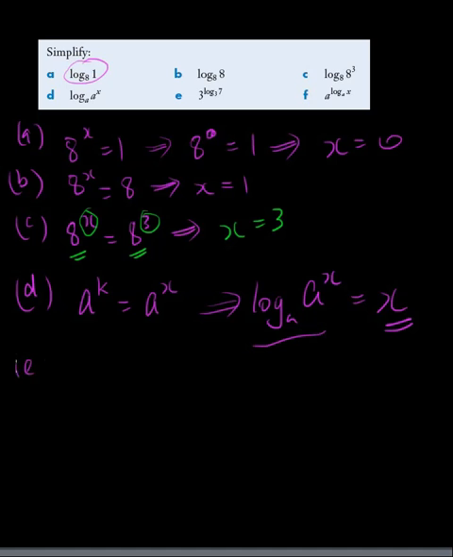Let's do E. E is 3 to the power of log base 3 of 7. Now remember, this whole log here is a power, right? And this power will give you the answer 7. So 3, remember this is base 3 as well, 3 to the power of whatever this is should also give you 7.